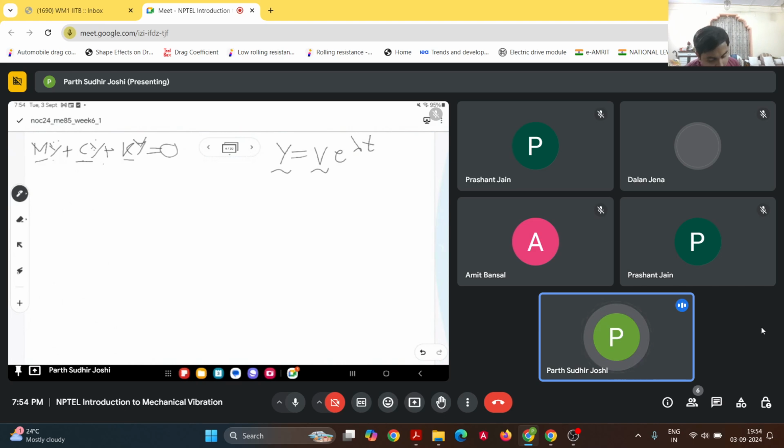Then y dot will be, and let us say v is a constant, so that will not change with time.